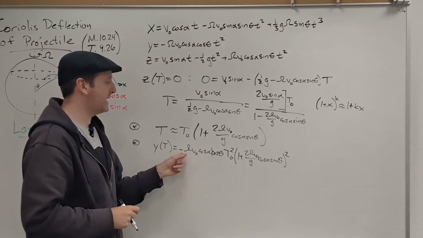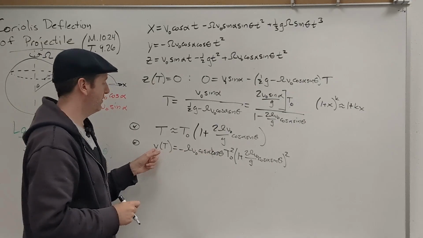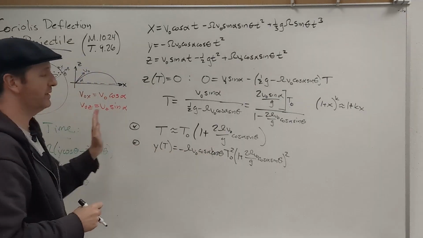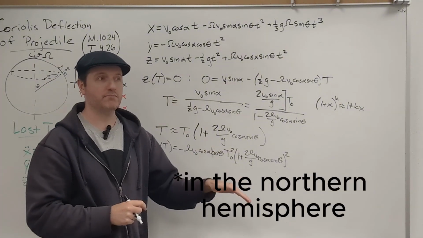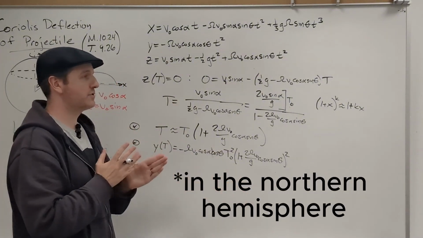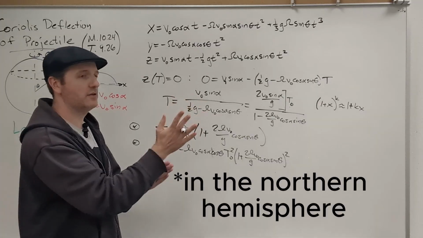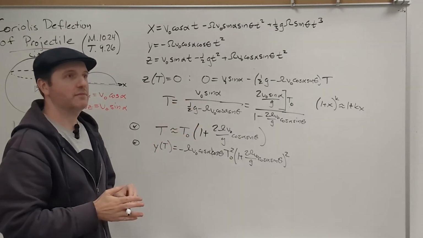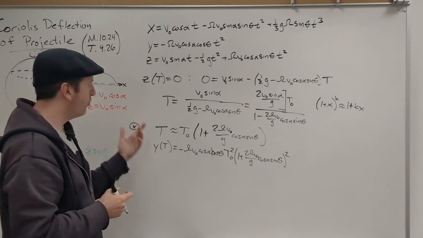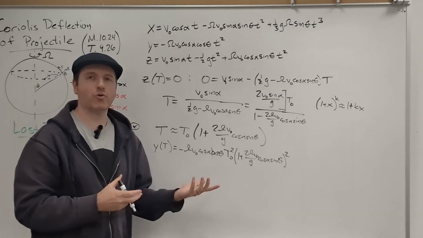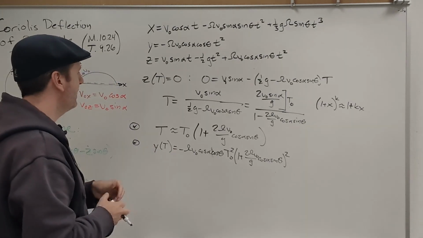First of all, the whole thing is negative, which means y, remember that's north-south, will be deflected to the south. So firing this directly east, it actually veers a little bit to the south. That's kind of interesting.